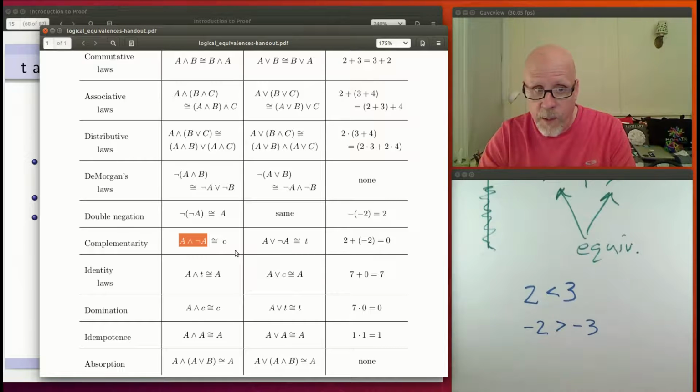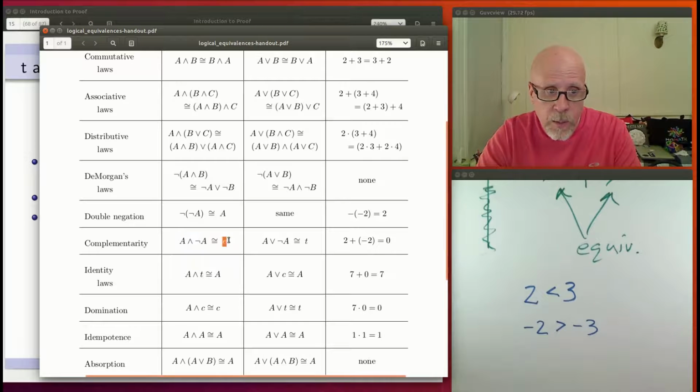No, if it's A and the negation of A, then what's on both sides of that is automatically opposite to one another. If one side's true, the other's false, vice versa. So how can that and ever turn itself to a true statement? It can't. It'll always be false. So you get a contradiction.